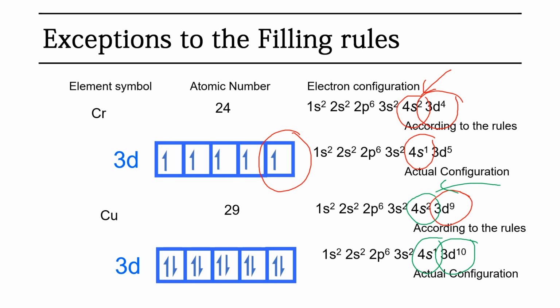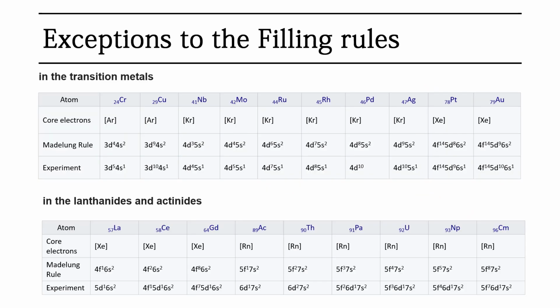Now it is more stable than the previous stage. Therefore, these are different cases. There are several such cases in nature. These are examples in transition metals, and this kind of exceptional electronic configuration also exists in the lanthanide and actinide series.